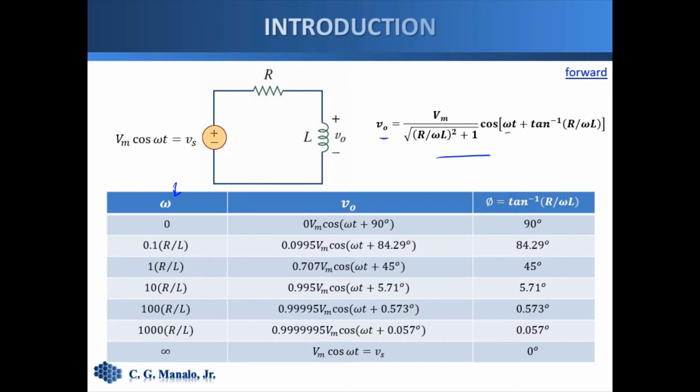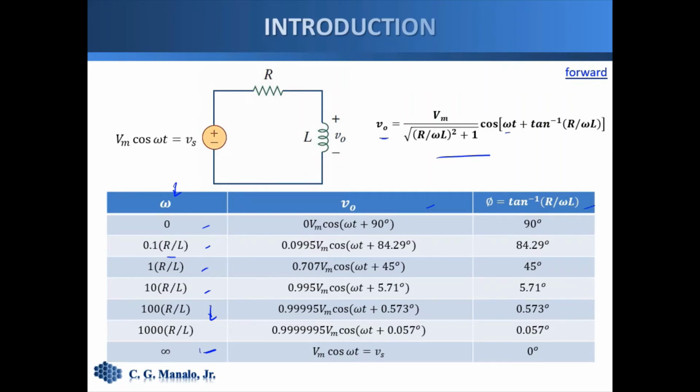We vary it from 0 to infinity, and in between that, we have specific values in terms of the ratio R over L. So here we have 10% of R over L, R over L, 10 times R over L, and so on. Here on the second column is our V naught, and we also include the phase of V naught.